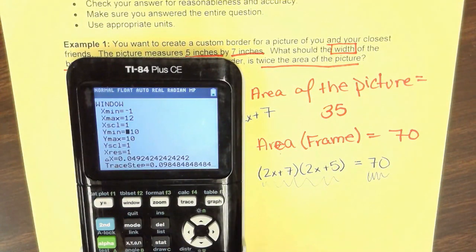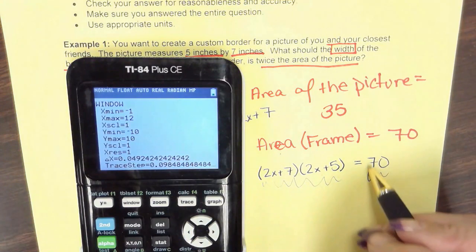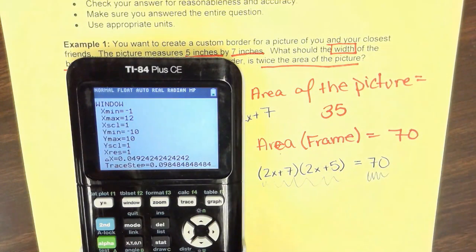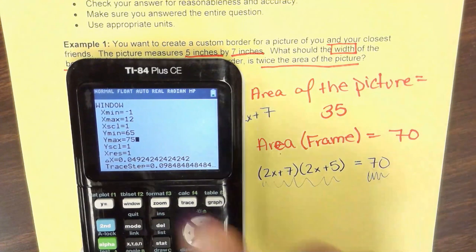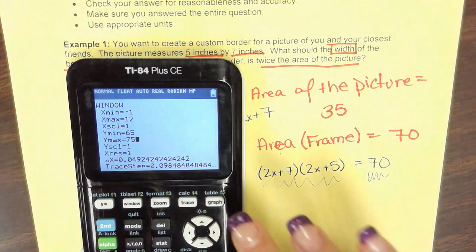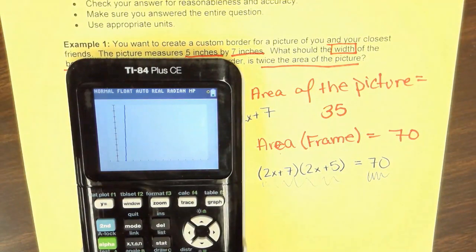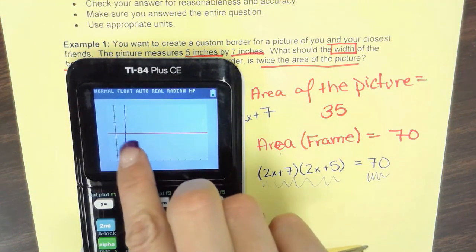And our y min, well, we want our y to be around 70 here. So let's do 5 below and 5 above. Okay, so see how 70 is right in the middle. Now we're going to graph. And we should be able to see where they intersect. So as you can see, we only have one intersection right there.